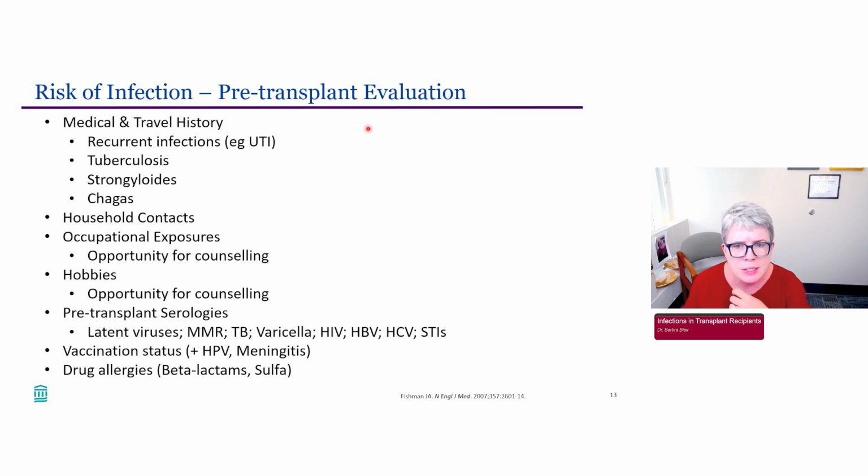But it is helpful for an infection person to see them, to modify any risks by vaccination and identify any latent infections before. I'm going to talk about tuberculosis screening because of my colleagues' interest in that. It can be particularly challenging, but as a nephrologist, you are very used to dealing with it in your end-stage renal patients.